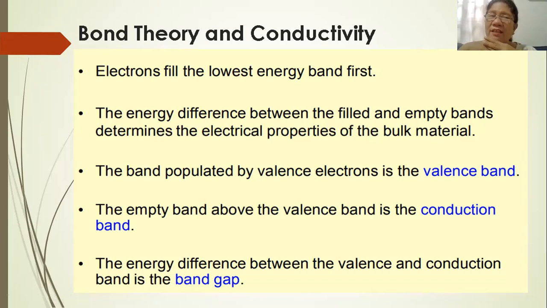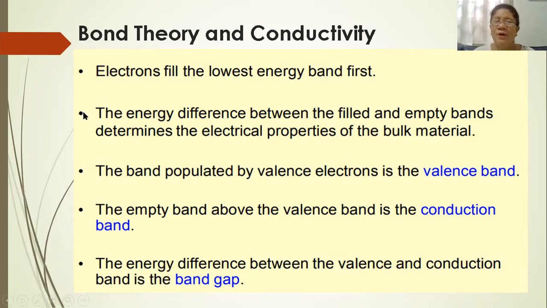So looking into its principle, electrons fill the lowest energy band first. Right? Remember your SPDF. Okay, the electronic configuration, you fill the lower energy level first before you fill up the higher energy level. So that is, electrons fill the lowest energy band first.